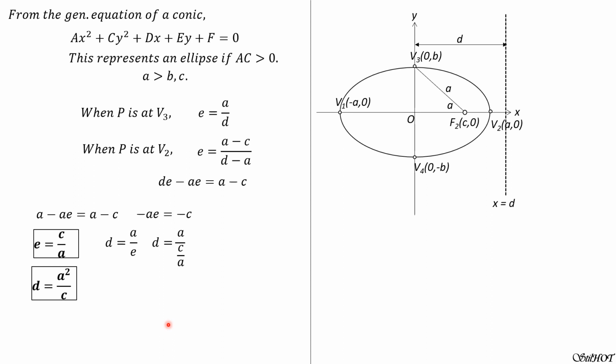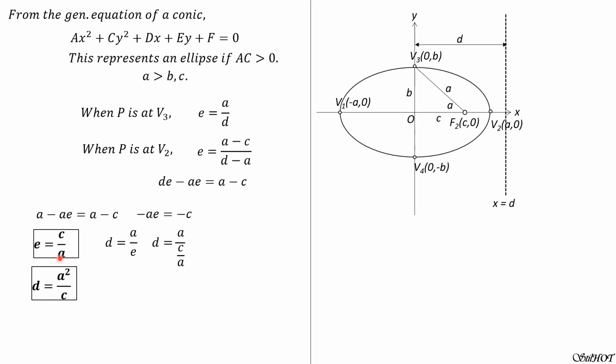Then, important relationship, A squared equals B squared plus C squared. By the way, the eccentricity E prime is called second eccentricity if A here is replaced by B. So E prime, second eccentricity, is C over B. It's not written here, but you might encounter that in the future as a problem.